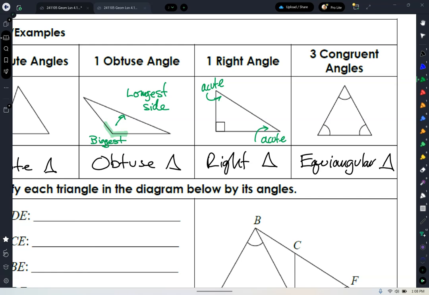So if the acute angles are less than 90, then the 90 must be the biggest angle. And so projecting across the triangle to the opposite side, we have the longest side of a right triangle. What's that called? That's the hypotenuse. So that's why the hypotenuse is always the longest side in a right triangle, because it is opposite the biggest angle inside that triangle.